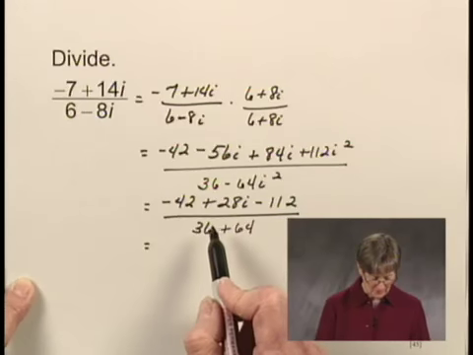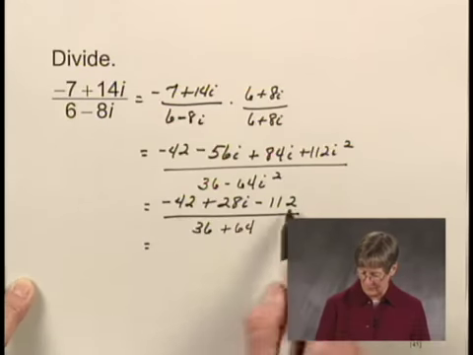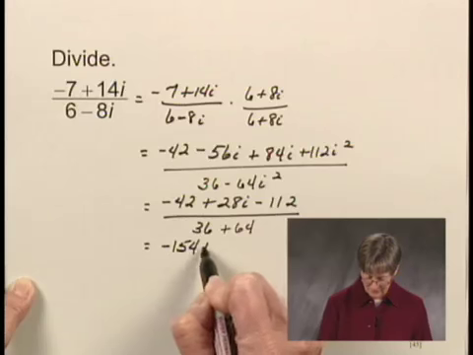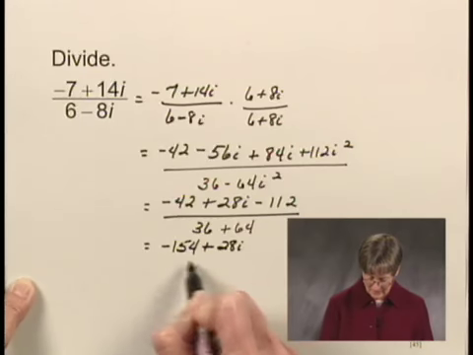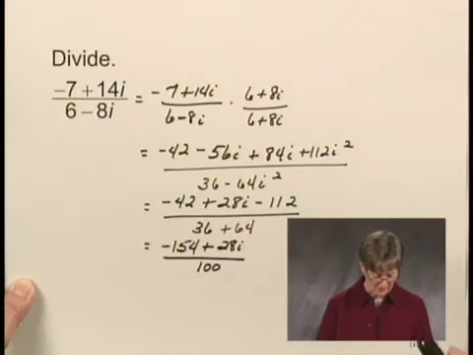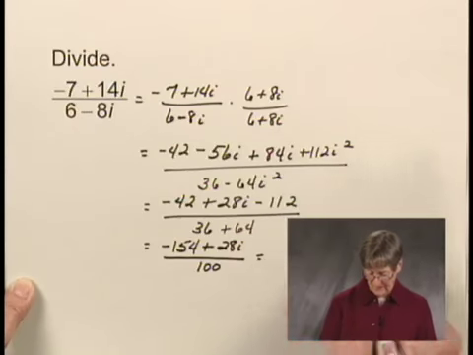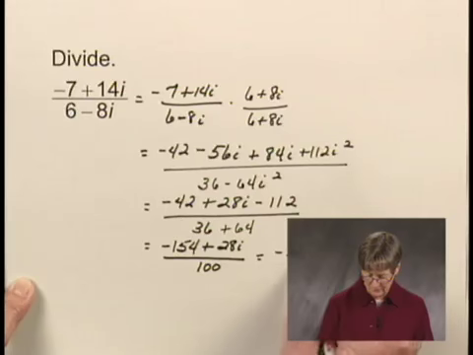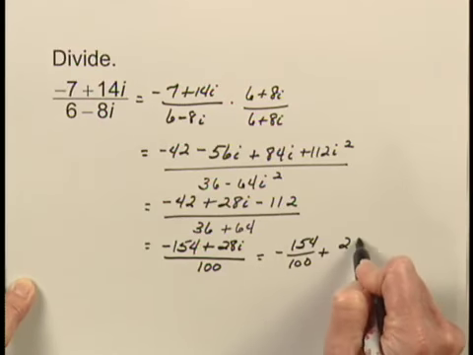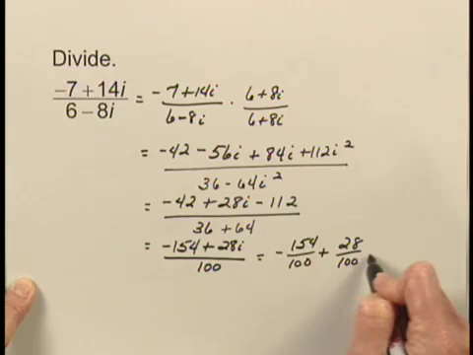Now in the numerator, I can add negative 42 and negative 112, and I would get negative 154. So I have negative 154 plus 28i, and 36 plus 64 is 100. So I can write this now as negative 154 over 100 plus 28 over 100 i.